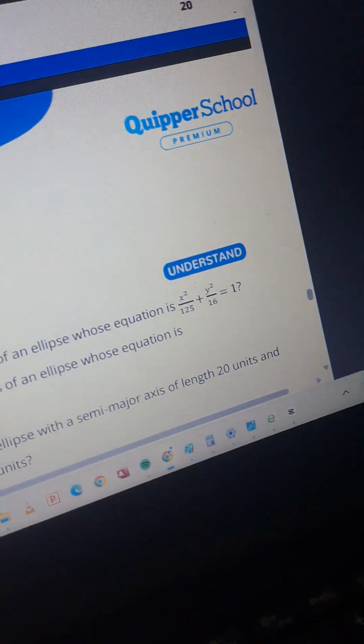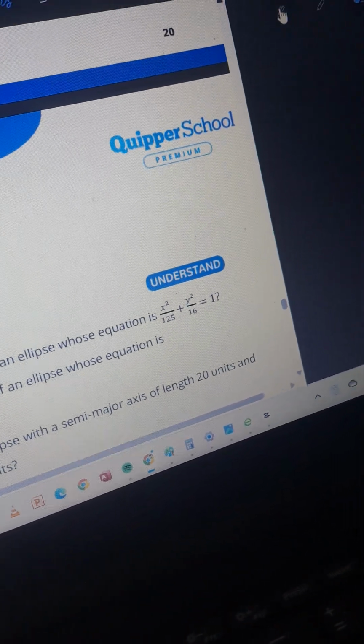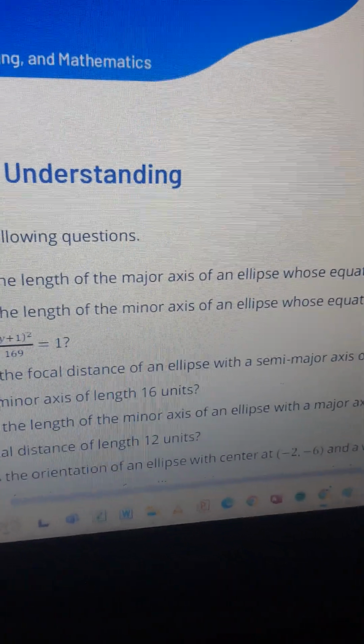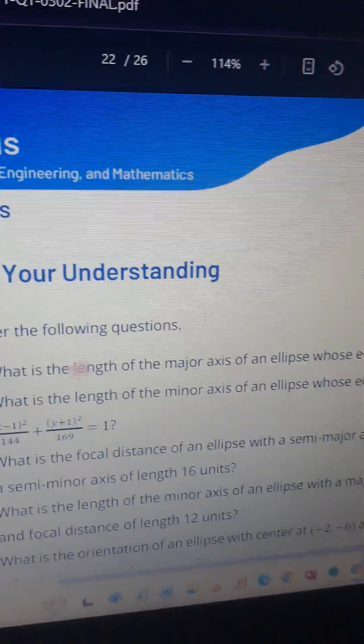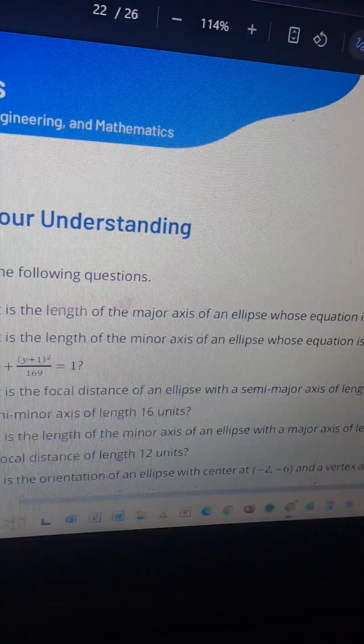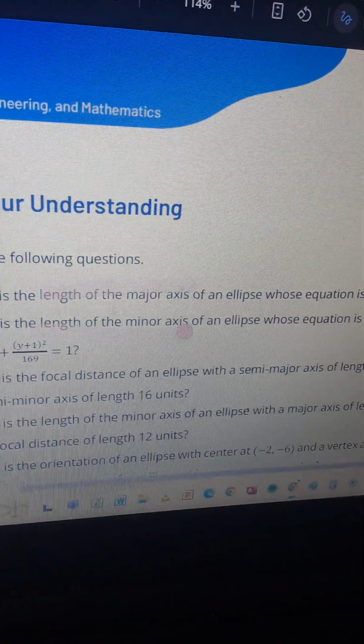Amen. Okay, next. Number 1 and 2, we're just gonna go back to these ones because I skipped those because it's very easy. So 1 and 2 is only asking for the length of a major and a minor axis. As I have kept on saying, length of a major axis and length of a minor axis is found using 2A and 2B.